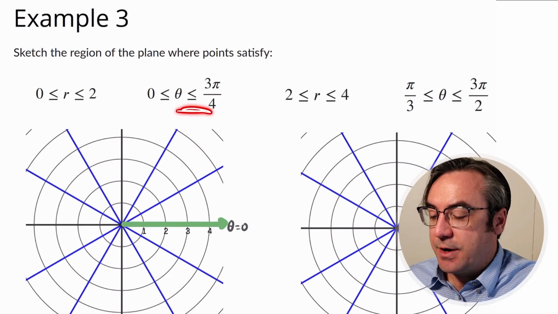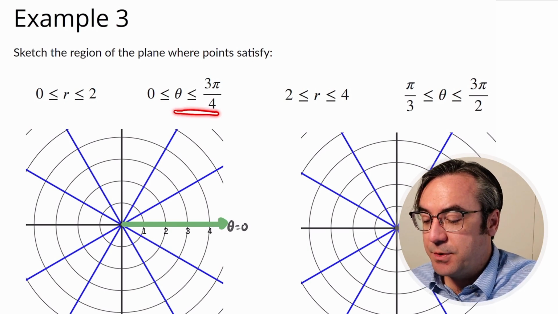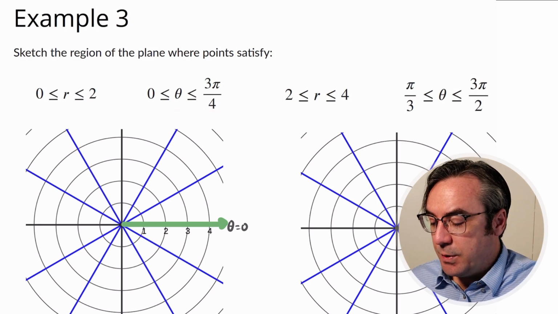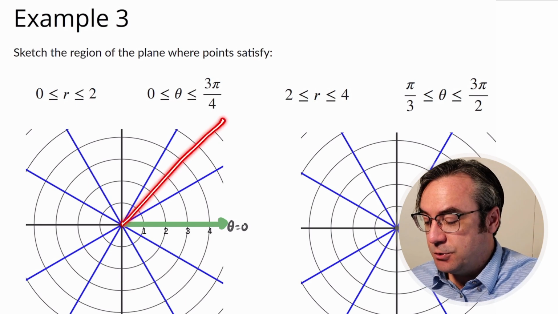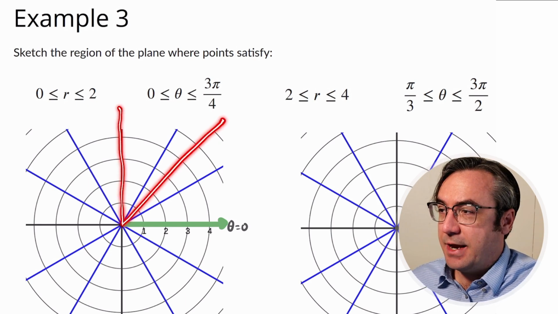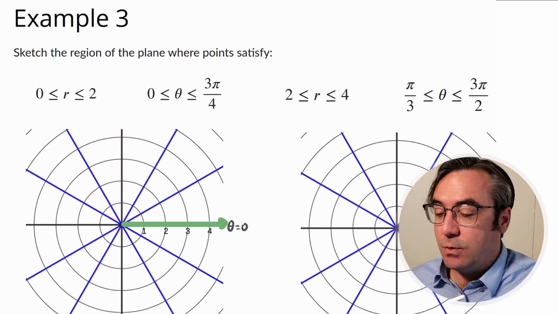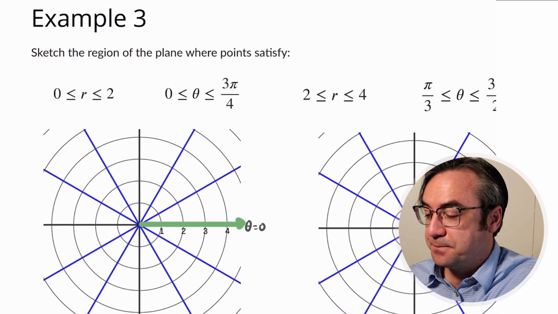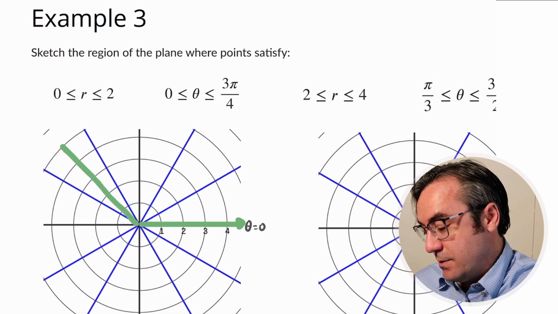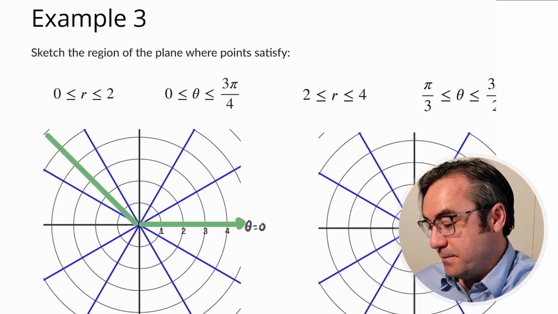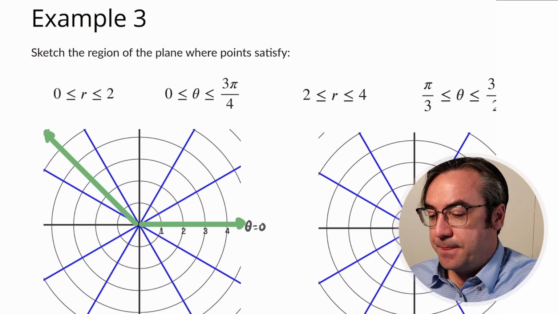Now we want to go to the other edge and look at theta equals 3 pi over 4. So where is 3 pi over 4? Well, we know pi over 4 splits the first quadrant in half. So 2 pi over 4 is the positive y-axis, and then 3 pi over 4 splits the second quadrant in half.